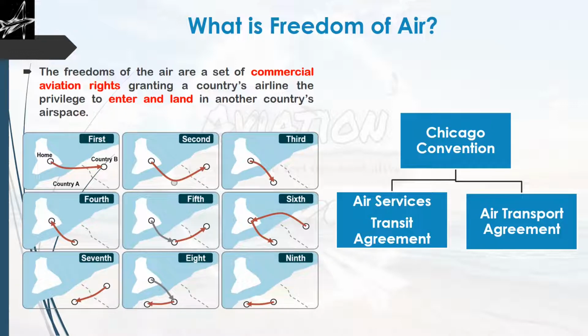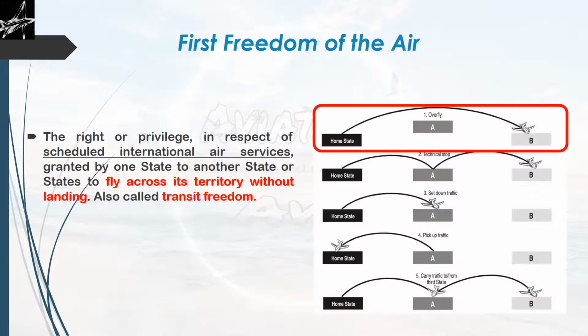The third, fourth and fifth freedoms of air are the commercial freedoms, and because the 6th, 7th, 8th and 9th freedoms are not based under the agreements that were formed along with the Chicago Convention, they are called the so-called freedoms of air.